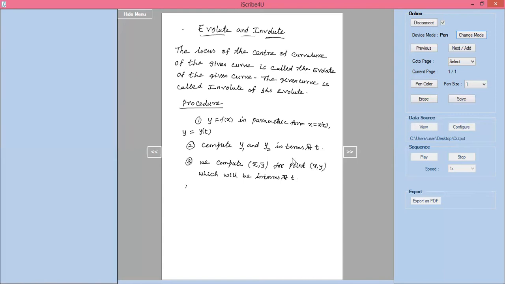Next, fourth one, x bar equal to x of t, y bar equal to y of t. This is equation 1, this is equation 2.